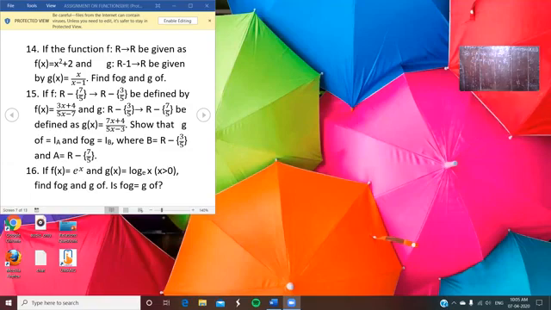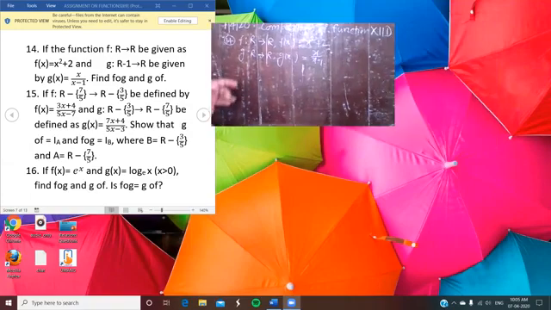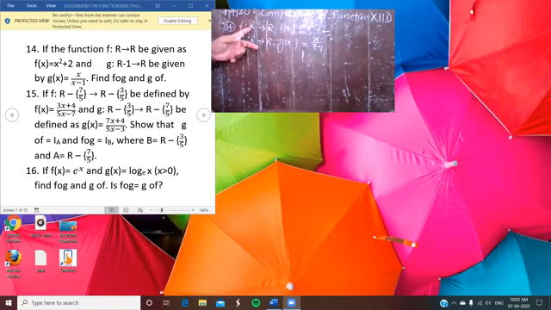Here you can check that the domain of f is R, codomain is R. And the function f(x) is x square plus 2, so that is defined for all real numbers. So you can say that the range of f is all real numbers, and the domain is also all real numbers. In case of the g function, the domain of g is given in your question, R minus 1 actually.